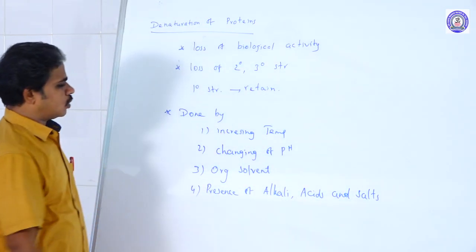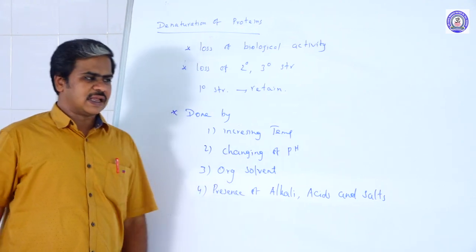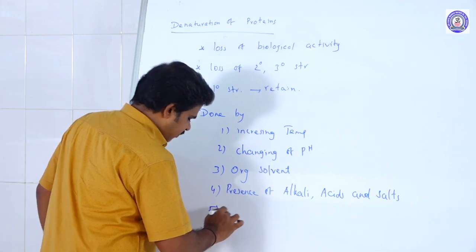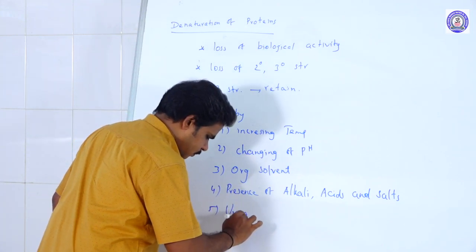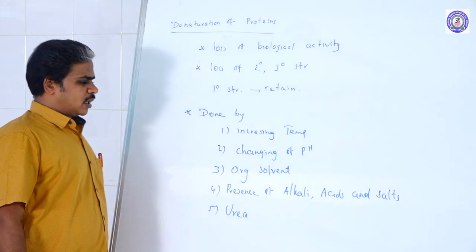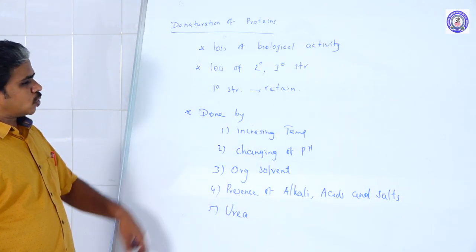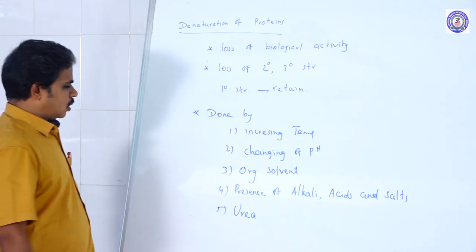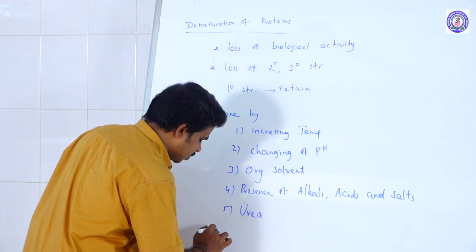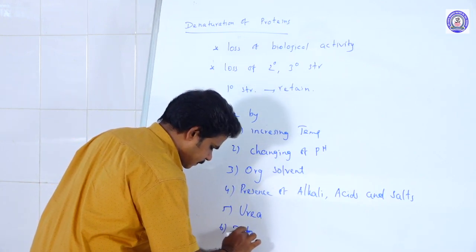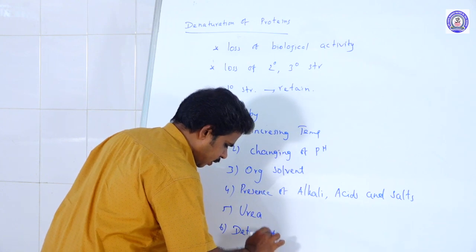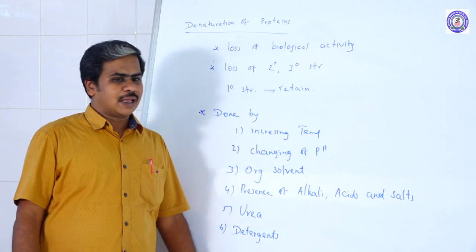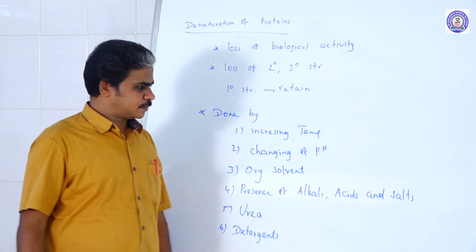The protein also gets denatured in the presence of alkali, acids and salts, and in the presence of urea. Urea added to protein also denatures it. And detergents: protein gets denatured by detergents like dodecyl hydrogen sulfate.